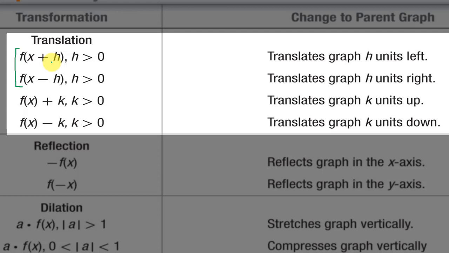We are then going to shift the graph left and right because we're changing the input of the graph. The second group of translations here, when a number is added or subtracted from the output part of the parent function, the f of x, so it's f of x plus or minus some number, then we're going to be shifting, translating the graph up or down. So we're going to look at examples of translations.